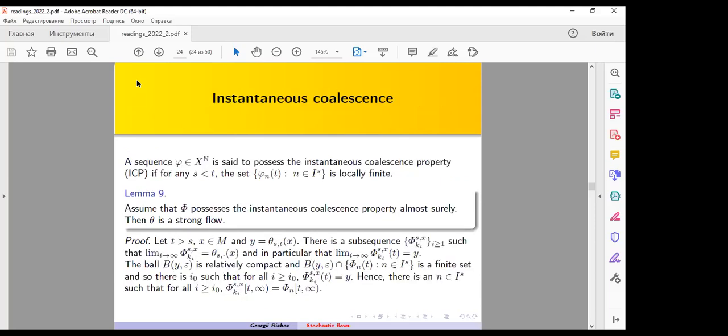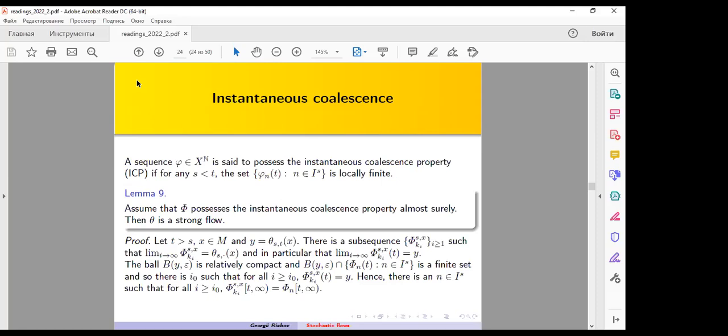And for this, a sufficient condition is the so-called instantaneous coalescence property. We say that a sequence of trajectories possesses this property if for all s less than t, values of trajectories at time t started before time s form a locally finite set.